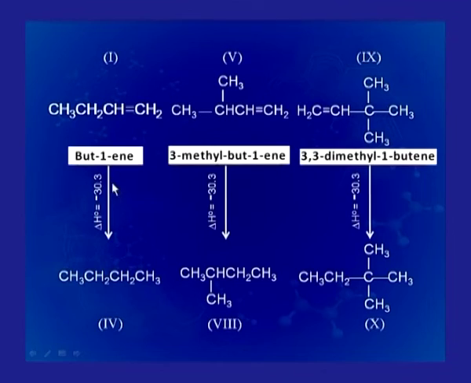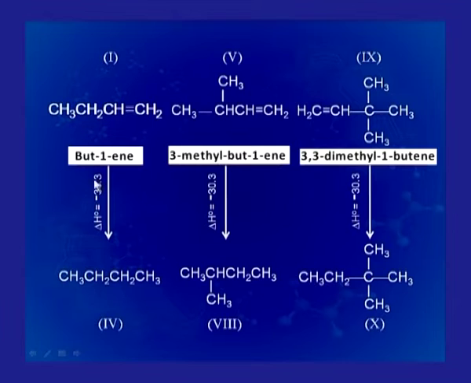To be completely correct, we should compare heats of hydrogenation only for compounds that give the same alkane, as 3 methyl 1 butene and 2 methyl 2 butene do, as we have just seen. Yet, most alkenes with similar substitution patterns give similar heats of hydrogenation, as we show in the next slide.